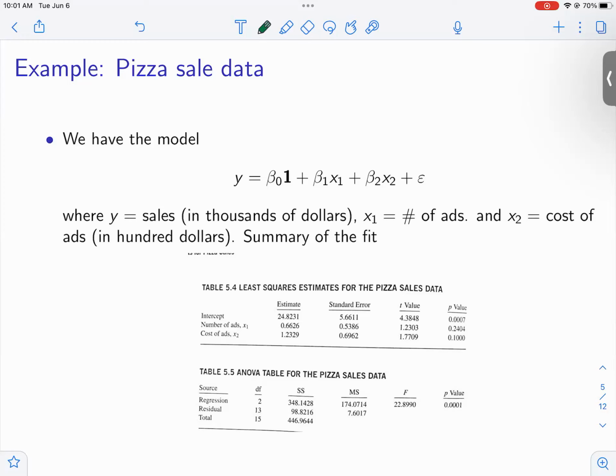But the ads would vary in cost, so it's not exactly the same, but there's still a highly collinear relation. So what happens is when I do the regression, so this is small and it's hard to see.